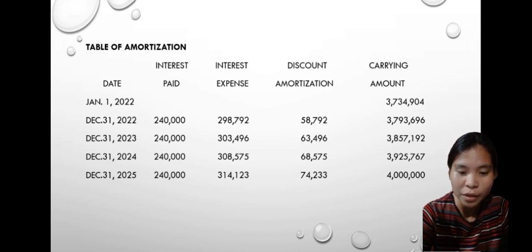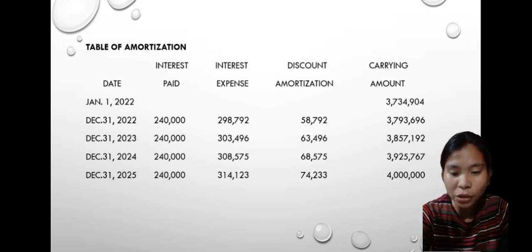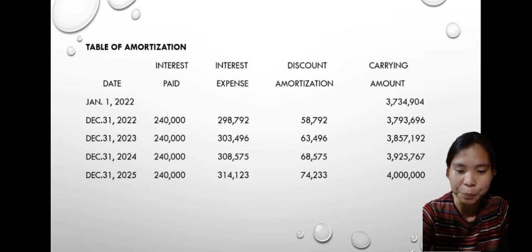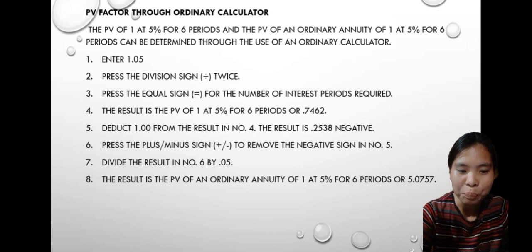The result is 58,792. Then, to get the second carrying amount as of December 31, 2022, we add the first carrying amount and the discount amortization. The result is 3,793,696, and so on.